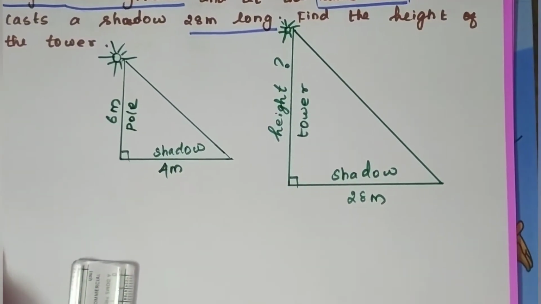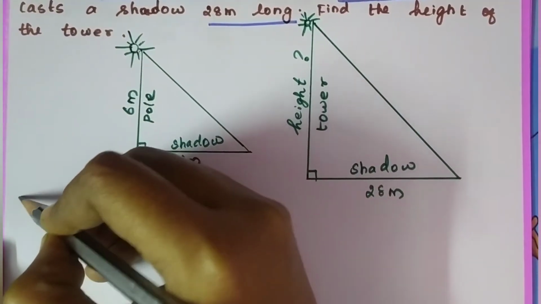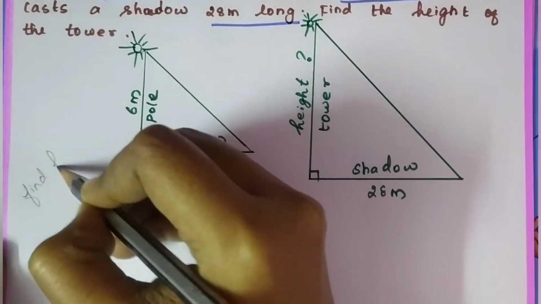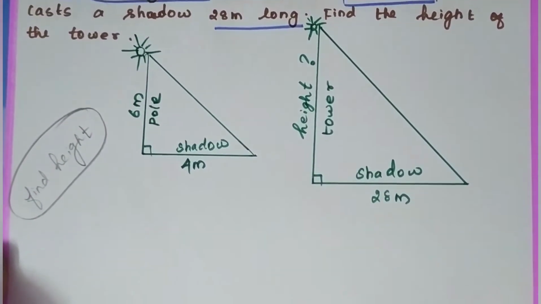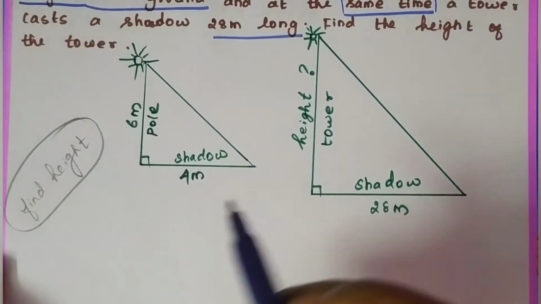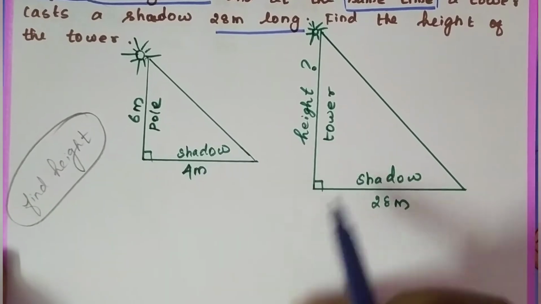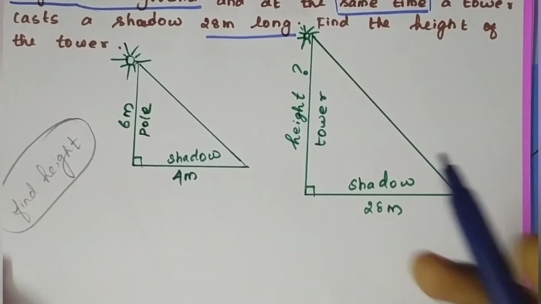We have to prove it. So we have to find the height of the tower. Now we have to prove that the two triangles are similar. How can we prove that the two triangles are similar?